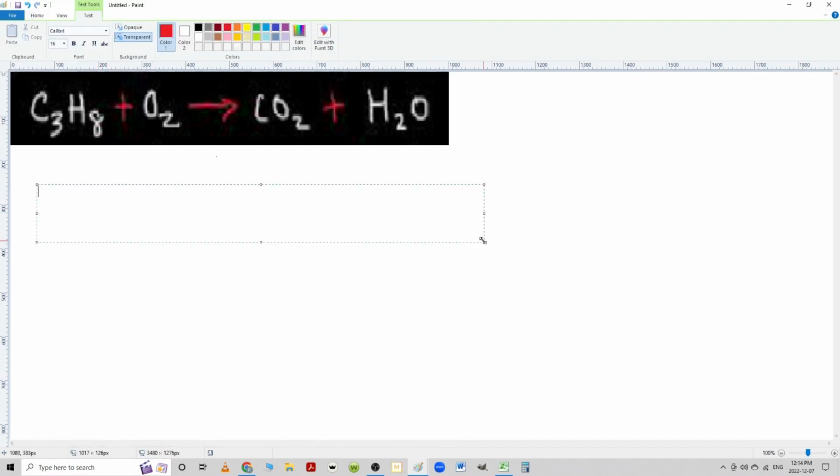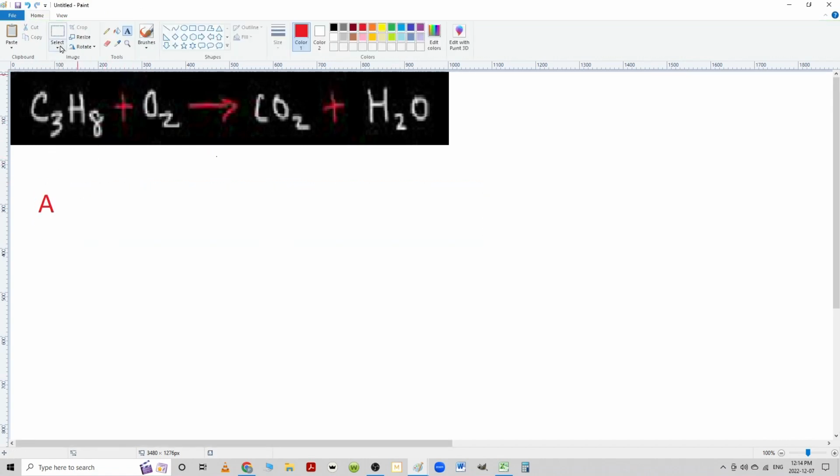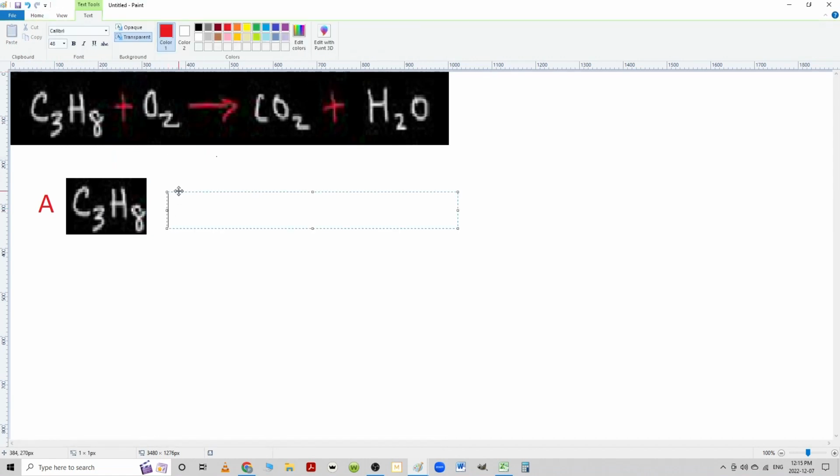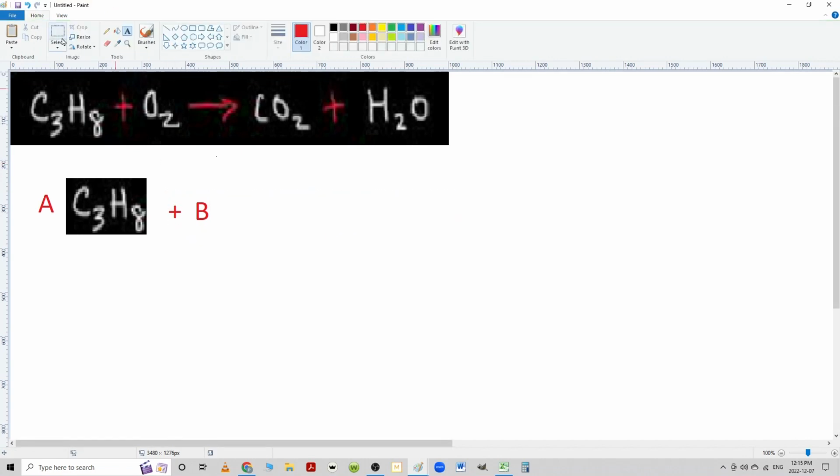Let us use A, B, and C. Okay, so now I'm just going to make this extra large. We're going to put a missing A in front of our C3H8, plus a missing B in front of our O2. You just go A, B, C as the missing variables in front. And you continue, and now we're going to look at the right side of the equation.